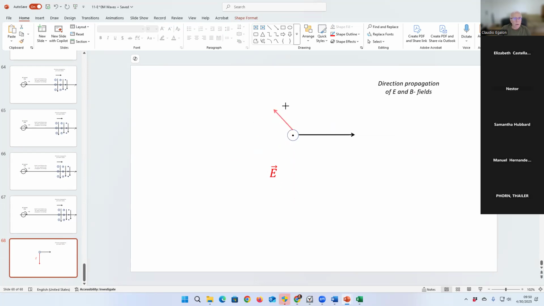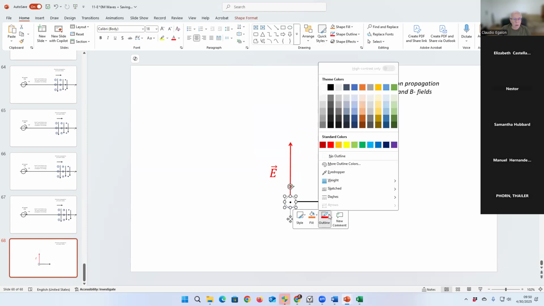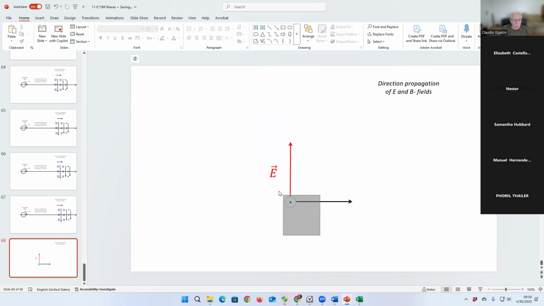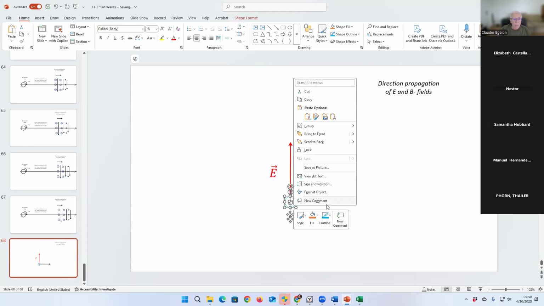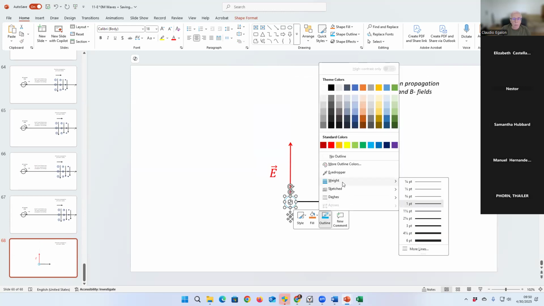Here you go, the electric field. This one, I'm going to put in blue color. Heavier weight, here you go.